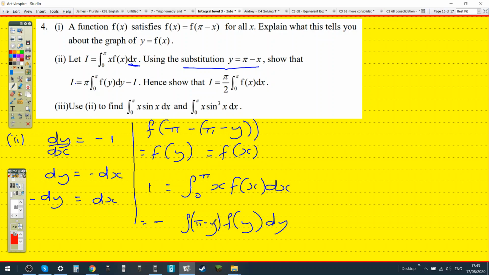And so, if we were to expand, can you expand that? I believe it would be pi f of y minus y f of y, all with respect to y.